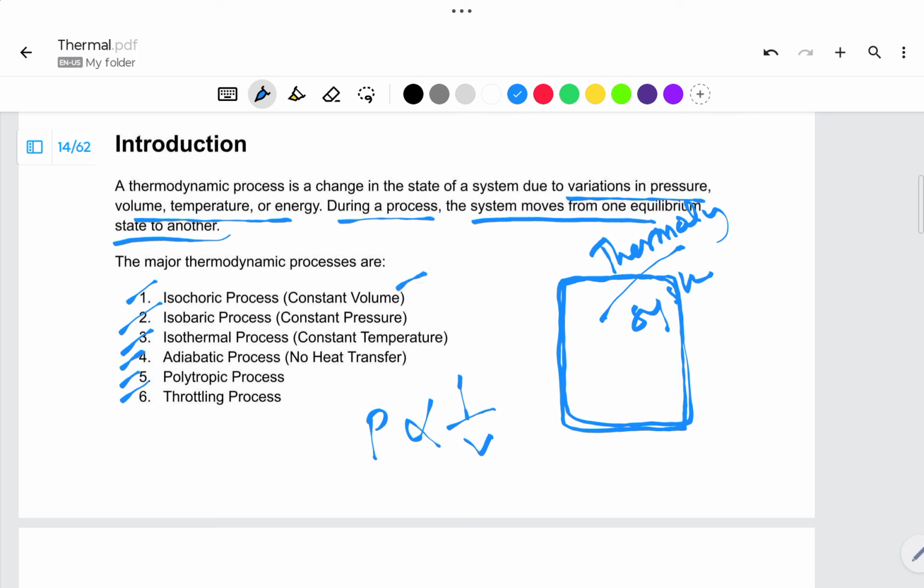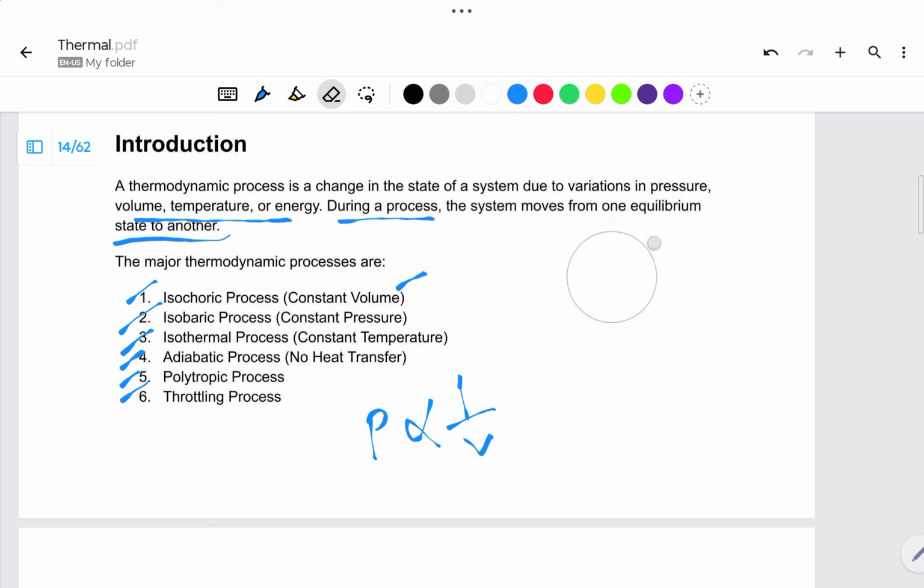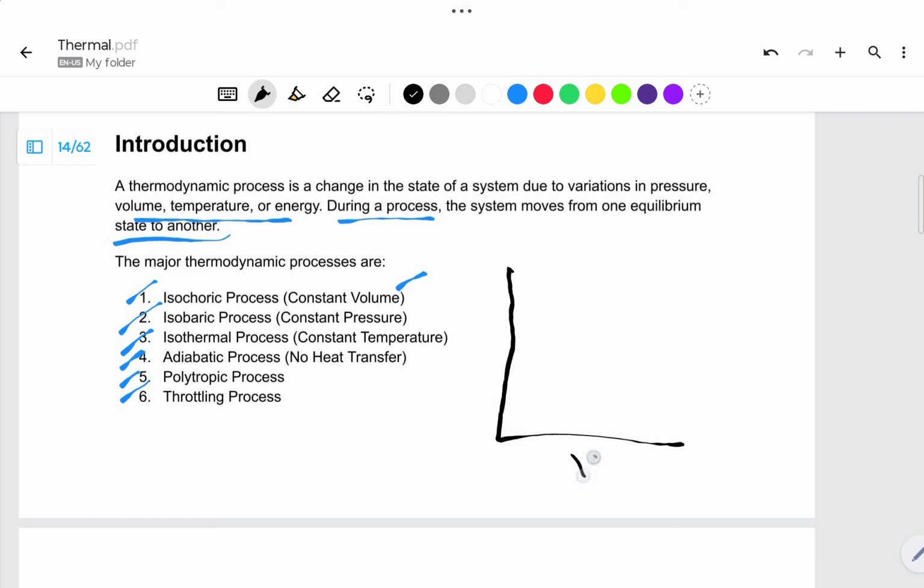If I consider a thermodynamic process and draw the graph of pressure and volume, with volume on one axis and pressure on the other, then in the isochoric process the volume will remain constant because volume is not going to change.